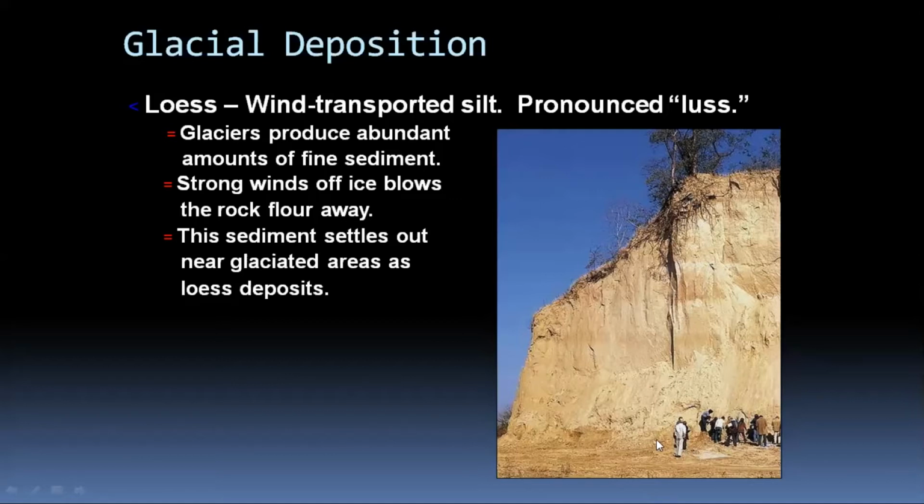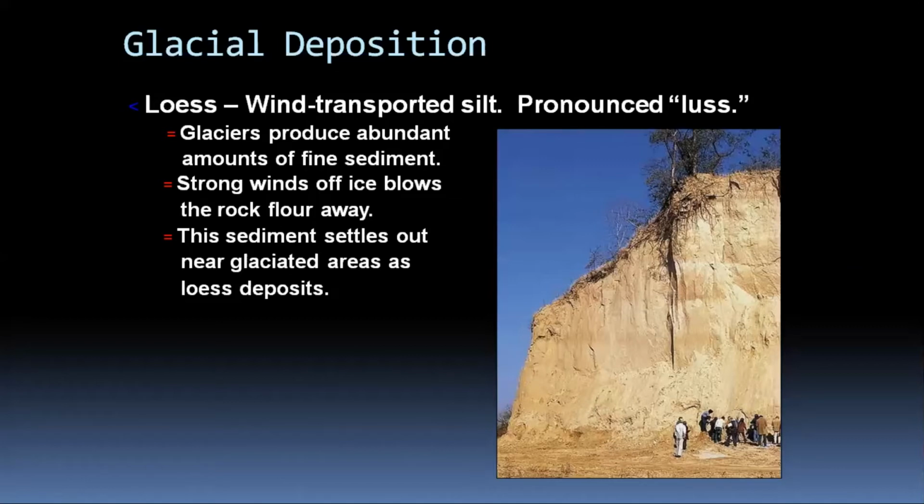Like, there was this amount of sediment present in that area, and then the wind came in and deposited. We call this loess. The pronunciation is a little different from the spelling. We'll call it loess.